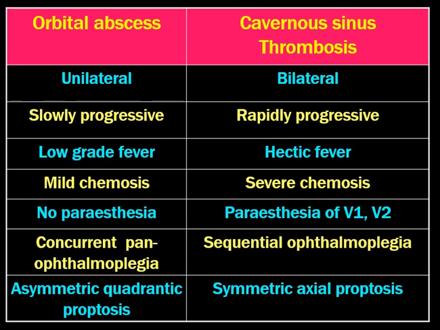Whereas the patient will have hectic fever, severe chemosis, paresthesia of the B1 B2 segment of the 5th nerve with sequential ophthalmoplegia in cases of cavernous sinus thrombosis. And the patient will have asymmetric quadrantic proptosis in cases of orbital abscess, whereas the patient will have symmetric axial proptosis in cavernous sinus thrombosis.